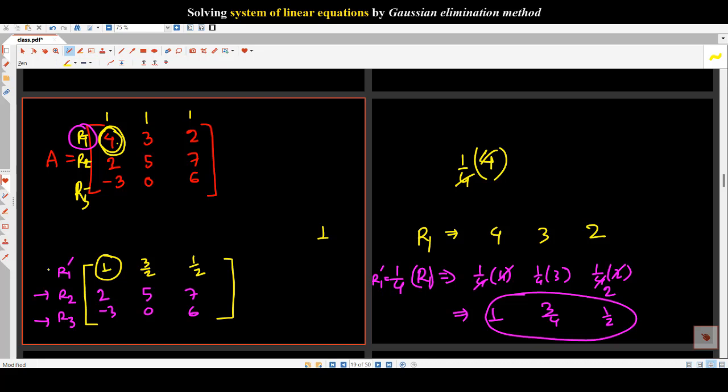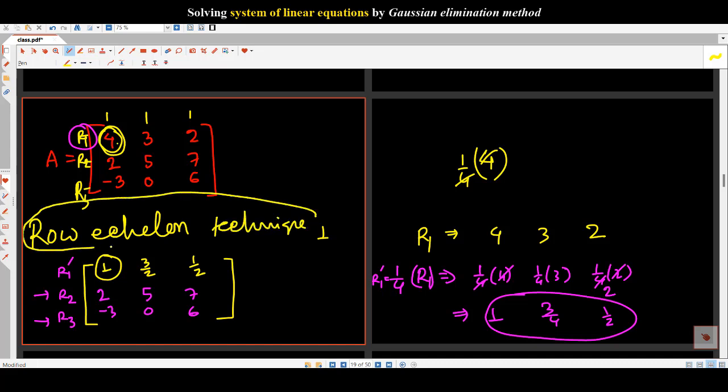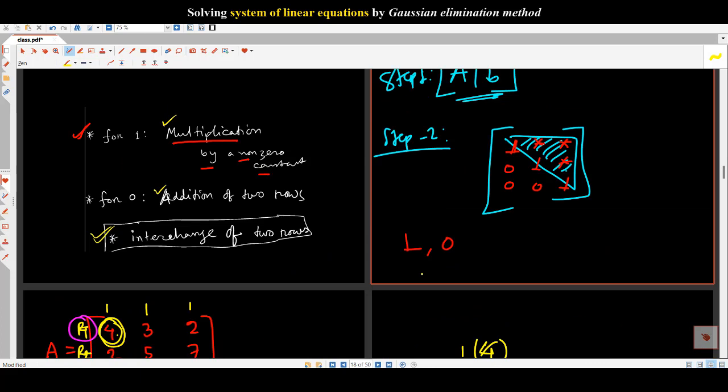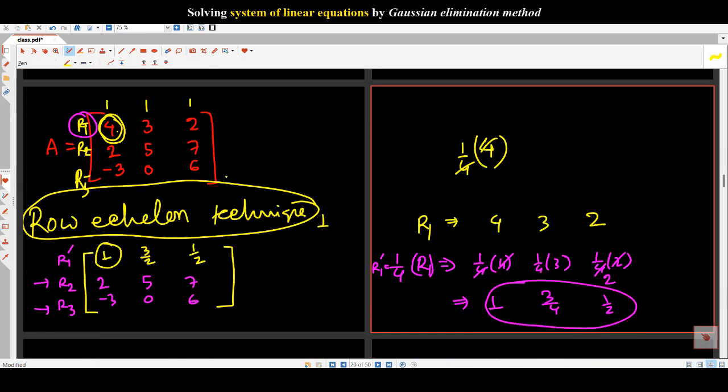And this technique is known as row echelon technique. Whenever you are making 1 by multiplication, that is one row echelon. Now you can also make 0, but for that we have another operation, that is addition of 2 rows. But these types of operations are known as row echelon technique or elementary row operation.